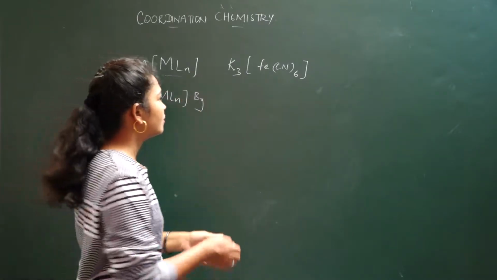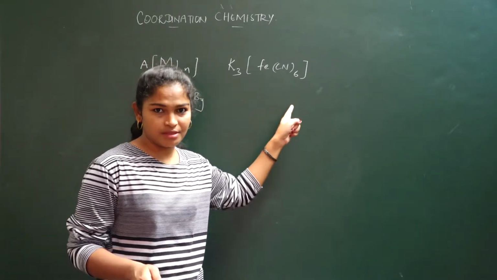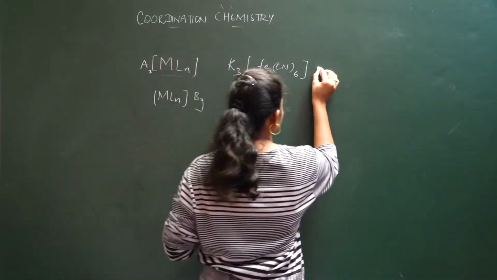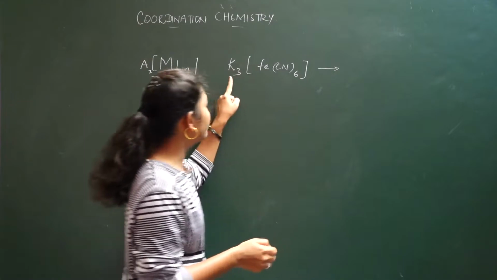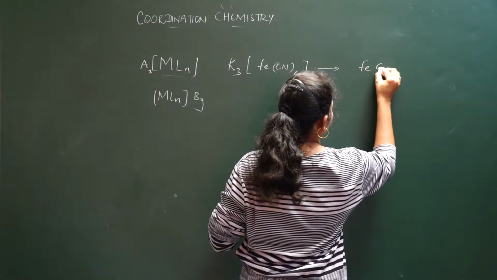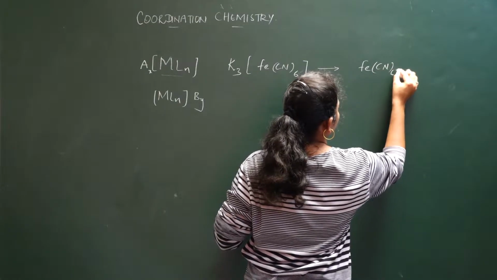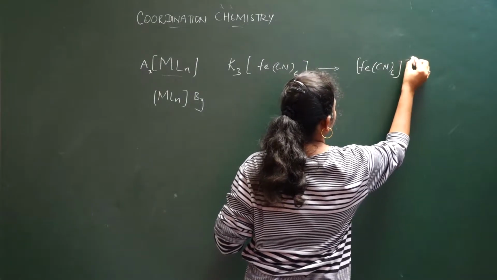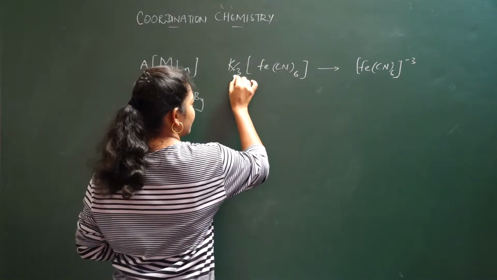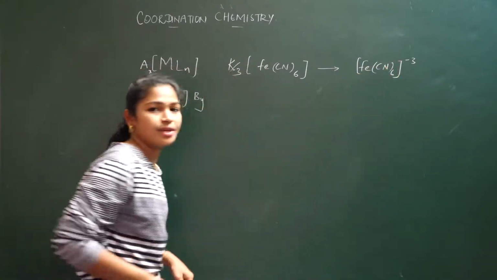So when you want to write the complex ion from this, with the total charge, just remember the K is the cation, so the complex ion you have to write as [Fe(CN)6] with charge 3-.